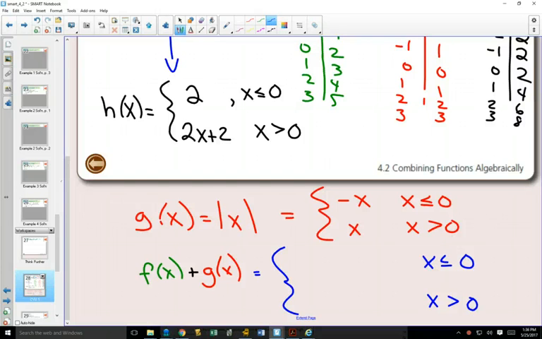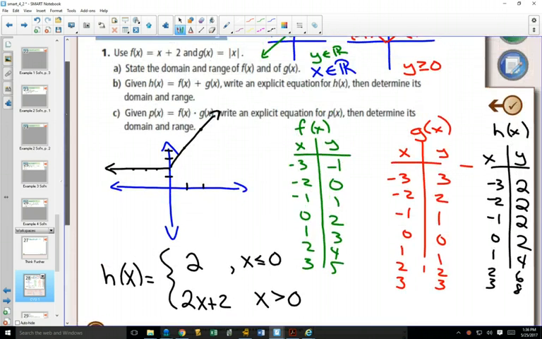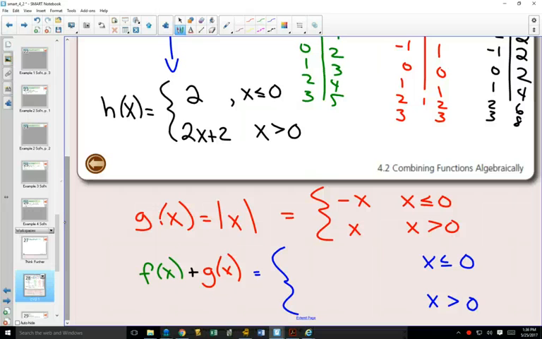When x is less than or equal to 0, what was f of x? It was x plus 2. F of x was x plus 2. And then you have to add g of x, which is minus x at this point.